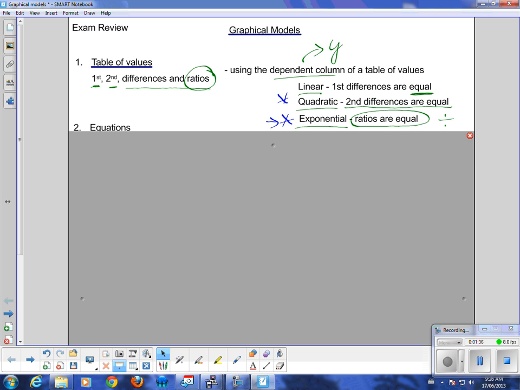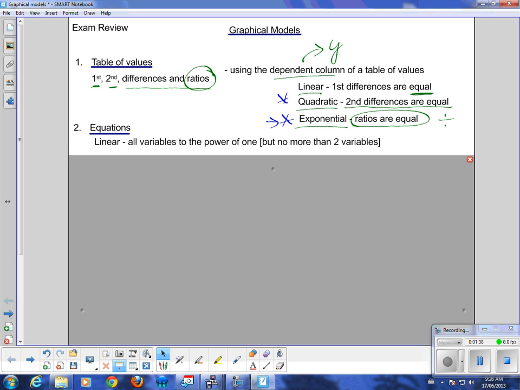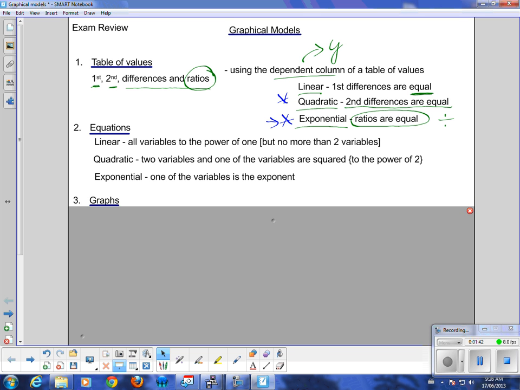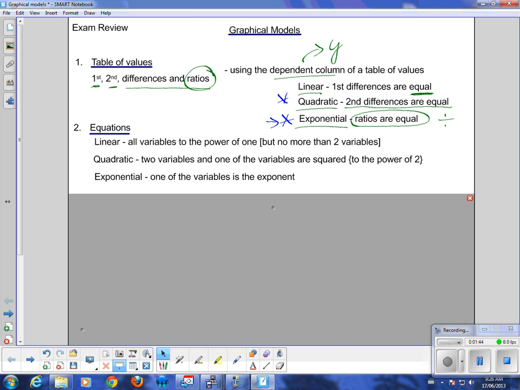The other thing that we looked at in graphical models has to do with equations. We should be able to look at all three different kinds of equations that we're responsible for. A linear equation, I know it's linear if all of the variables are to the power of 1. But there cannot be any more than 2 variables. For instance, y equals 4x, 2 variables, it's linear.